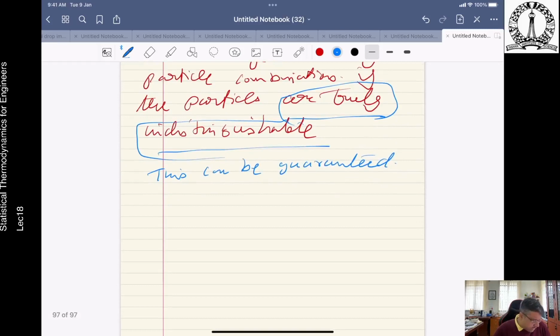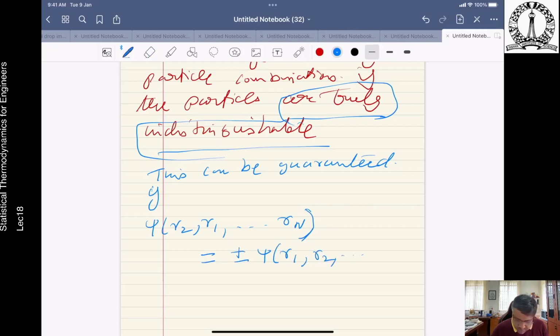So this can be guaranteed if psi of R1 continued to Rn is equal to plus or minus psi of R1. So the wave function must be symmetric or anti-symmetric.